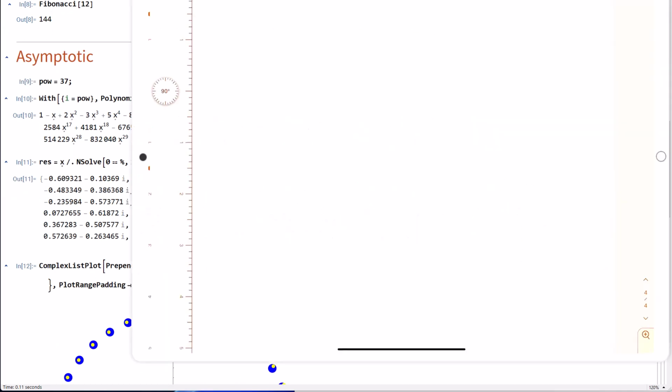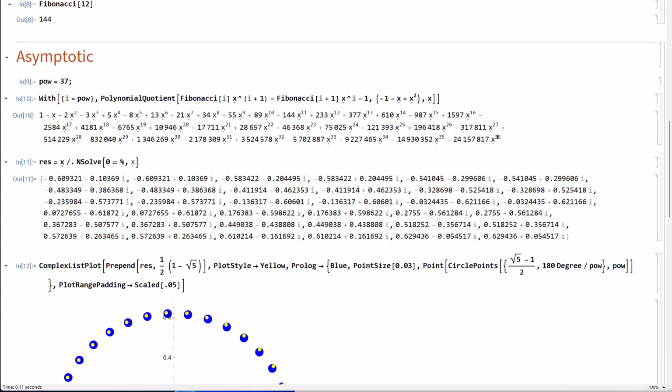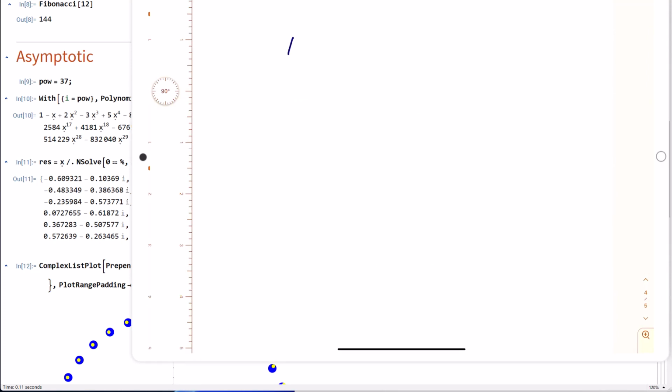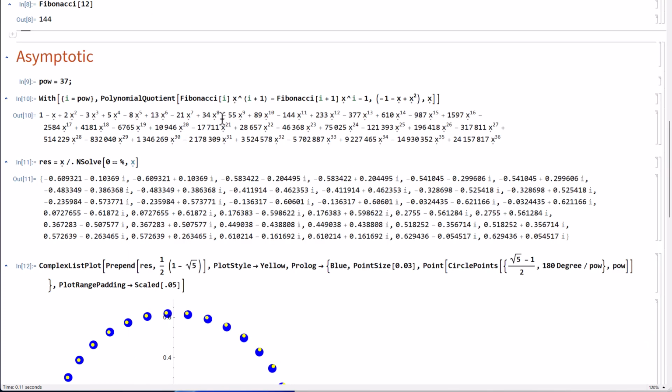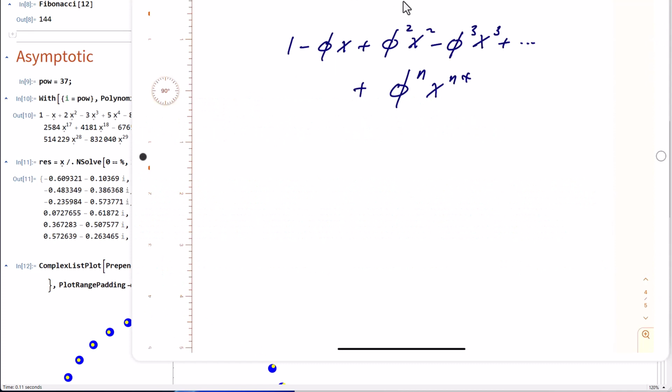So this polynomial should look like 1 minus 5x plus 5 squared x squared minus 5 cubed x cubed plus, up to 5 to the n x to the n, plus 1 equal to 0.